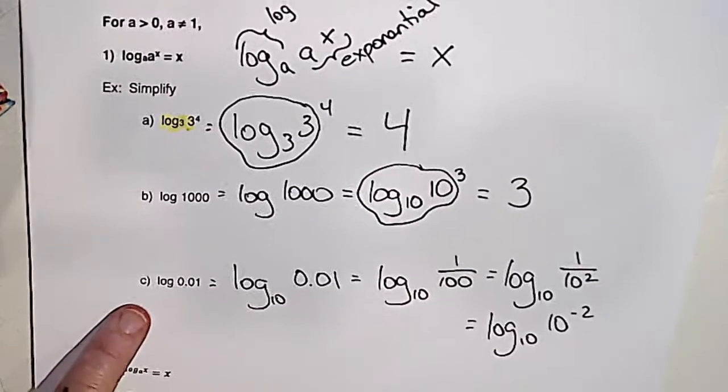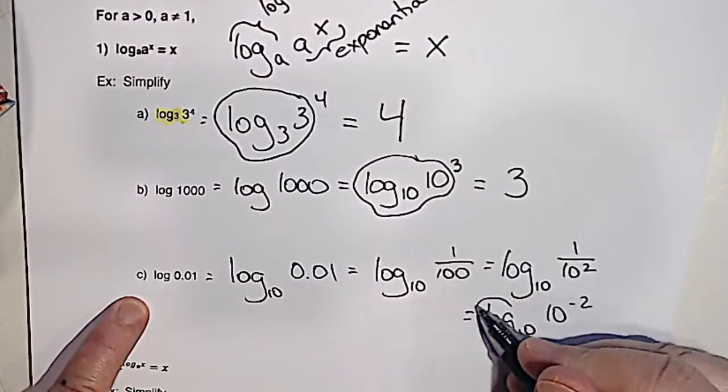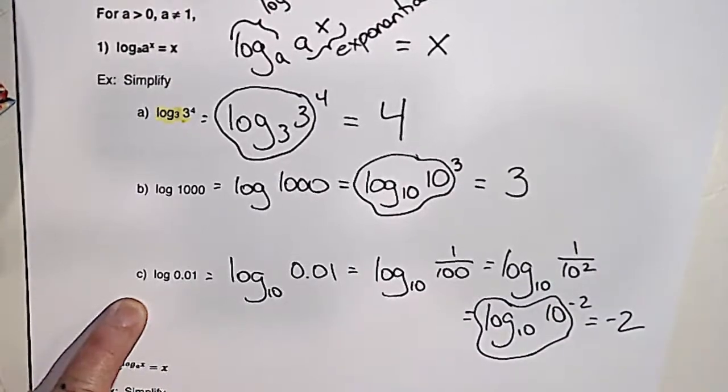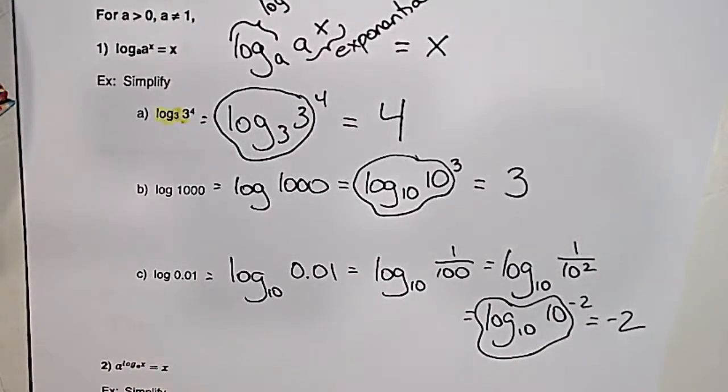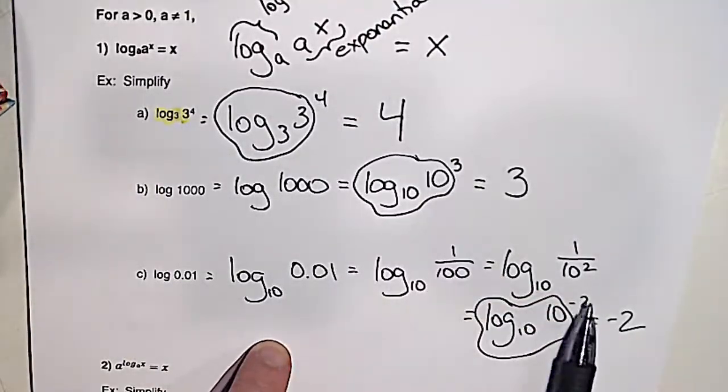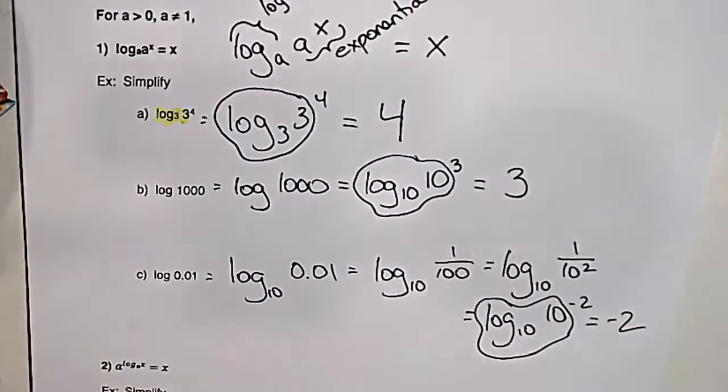So that means the log base 10 of 10 cancels itself out, and we get negative 2. So we just get the power. Notice the pattern. We just get the 4, we just get the 3, we just get the negative 2. Woohoo!